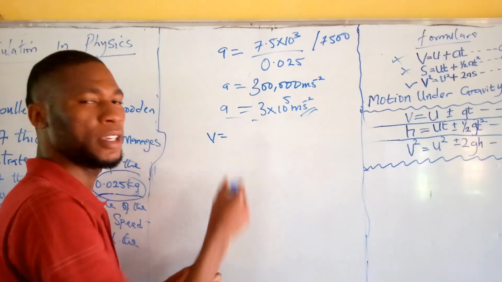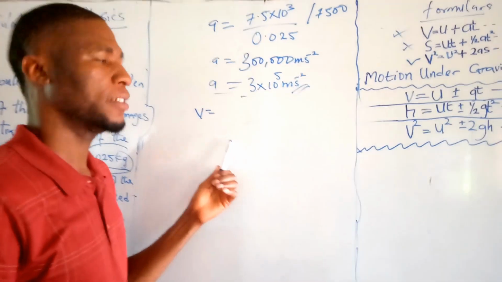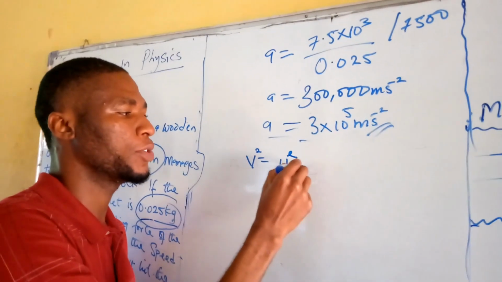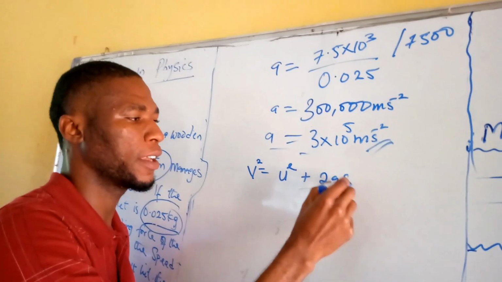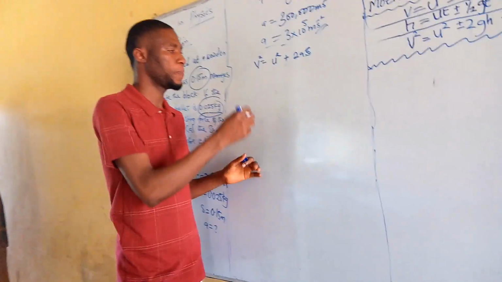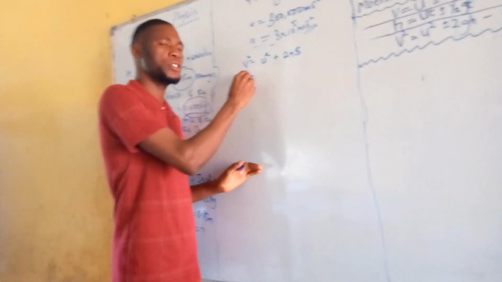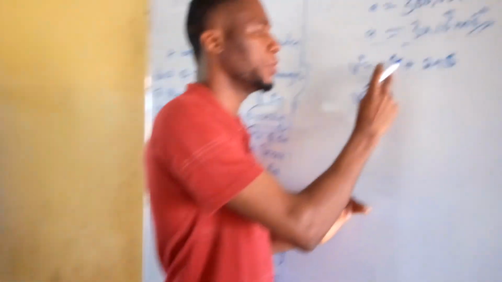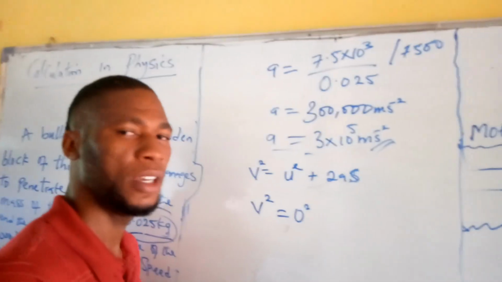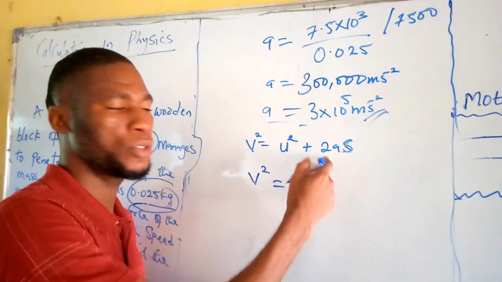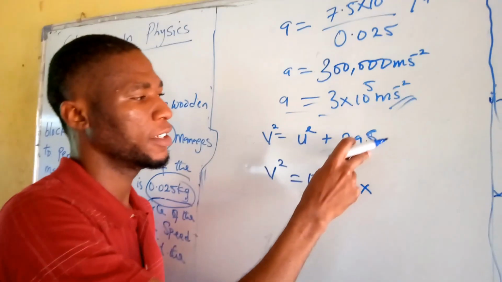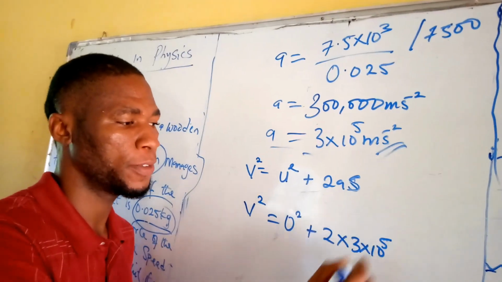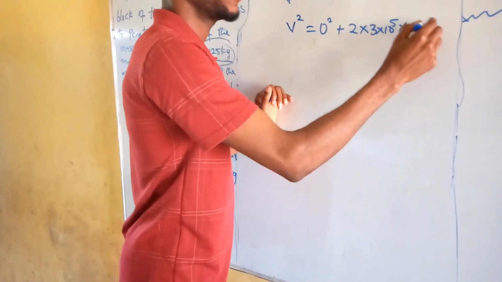Now the velocity, the speed. They say we should calculate the speed. In calculating the speed, we are using this formula: v squared equals u squared plus 2ax. So now we have v squared is equal to u, which is 0, squared, plus 2 times the acceleration, which is 3 times 10 raised to the power of 5, times 0.15.